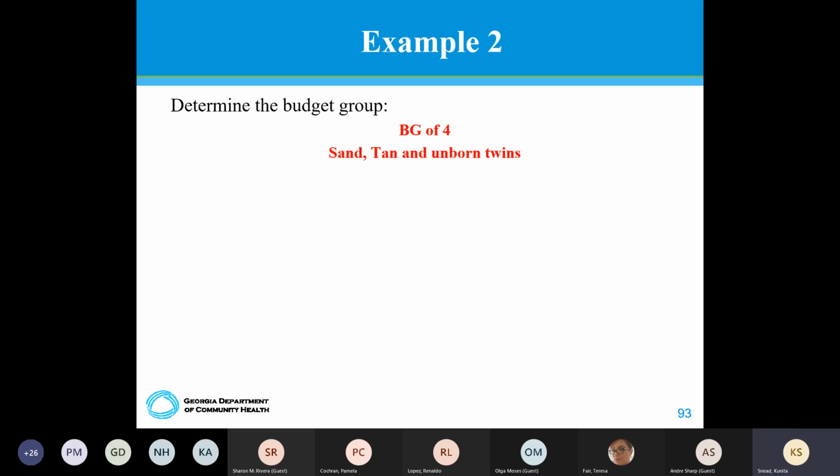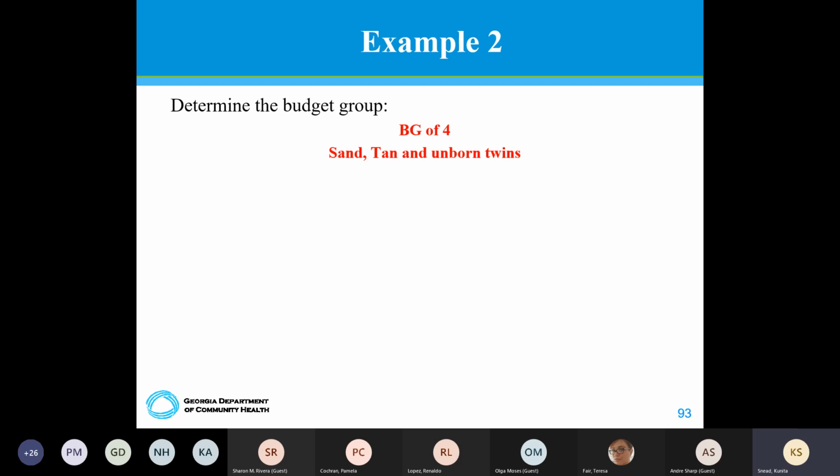If we go back to the scenario, it says San is 17, she comes in to apply and wants to apply for PE for herself only. She's pregnant with twins, so we know that we have to count the twins. It says her mother works 36 hours per week and earns $17.50 per hour and is paid every week. It says San nor Tan intend to file taxes, and San is not being claimed as a tax dependent.